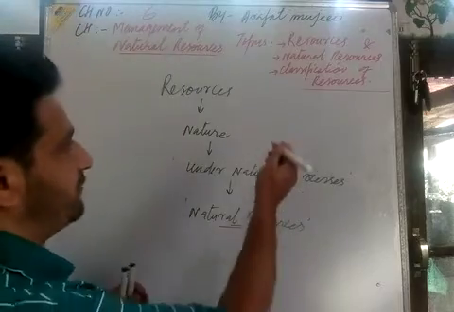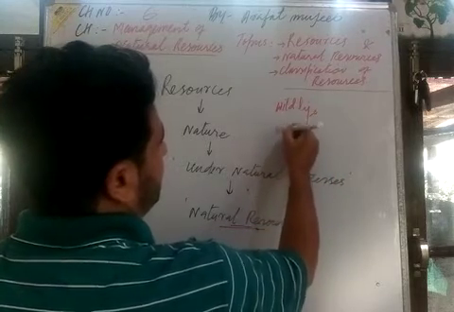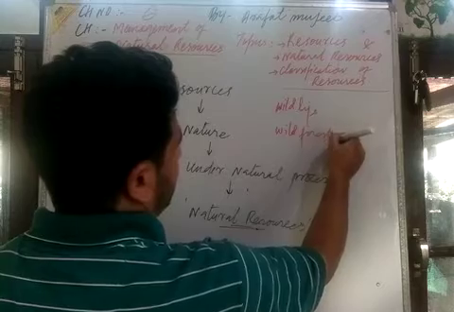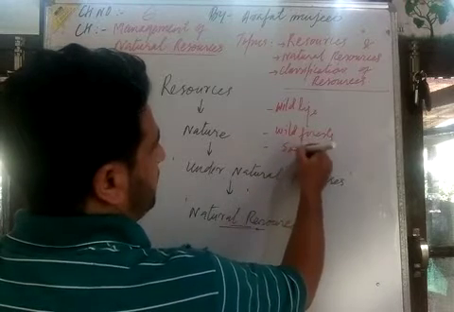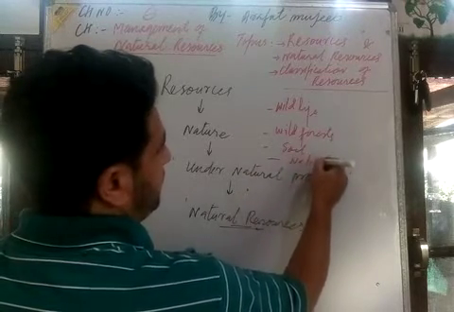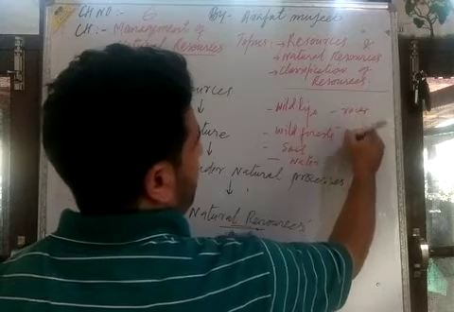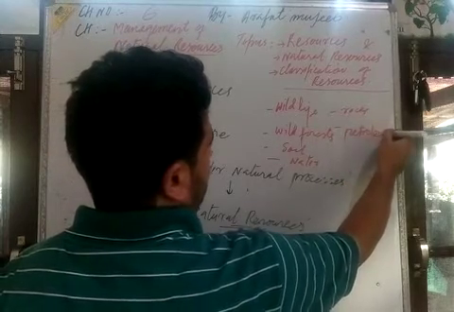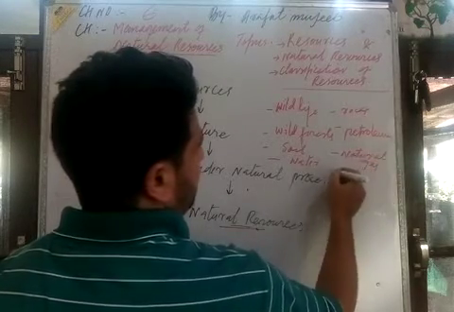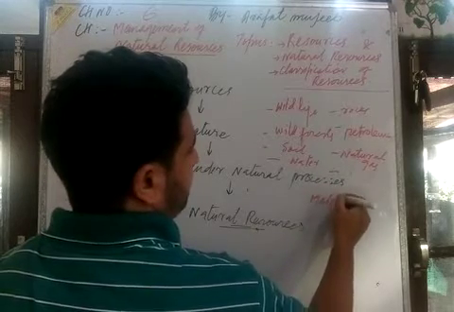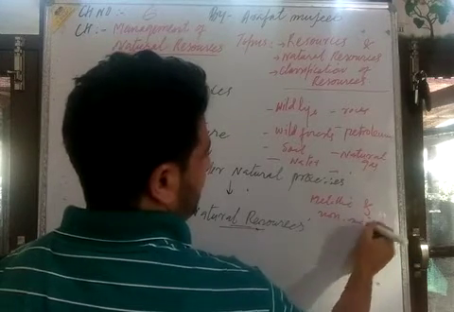If you take examples of natural resources, you take the wildlife, the wild forests, the soil, the water, the rocks, the petroleum, the natural gas, metallic and non-metallic minerals.